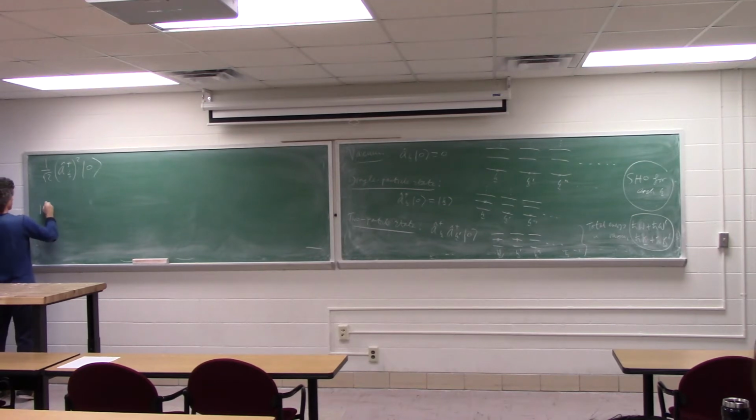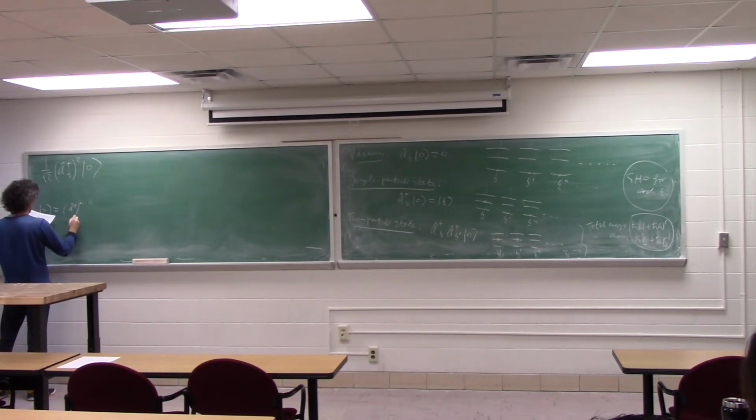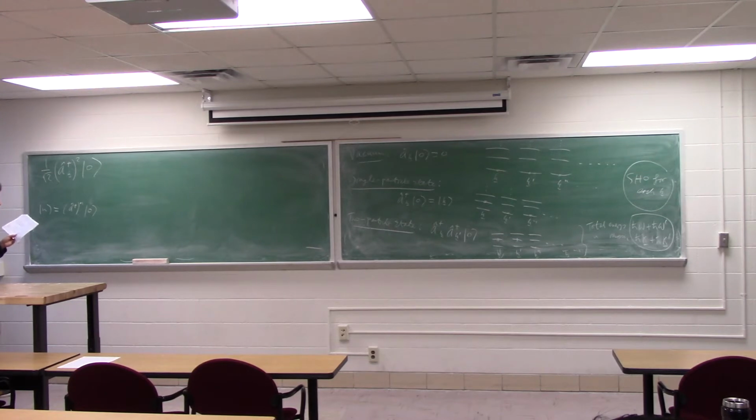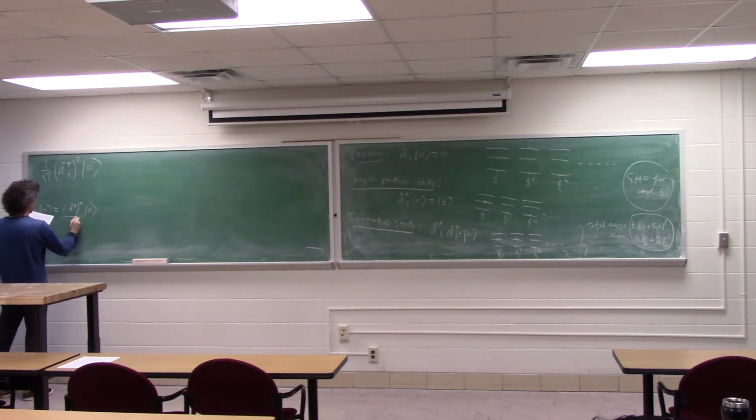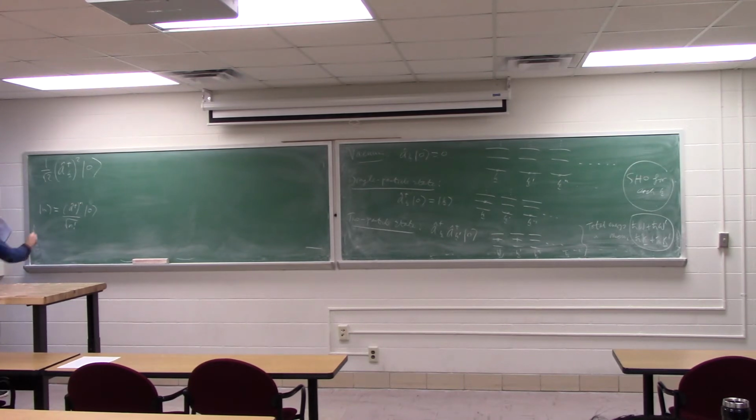You might want to recall the nth excited state of the harmonic oscillator: you act on the ground state n times with the creation operator, and you divide by the square root of n factorial for it to be normalized.